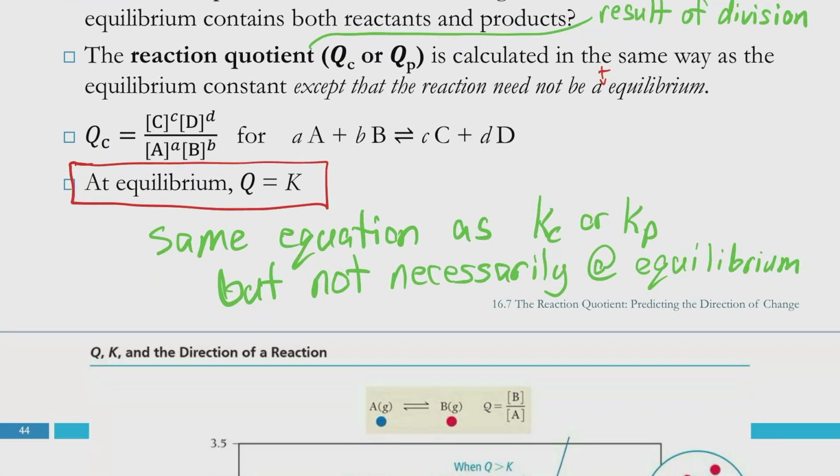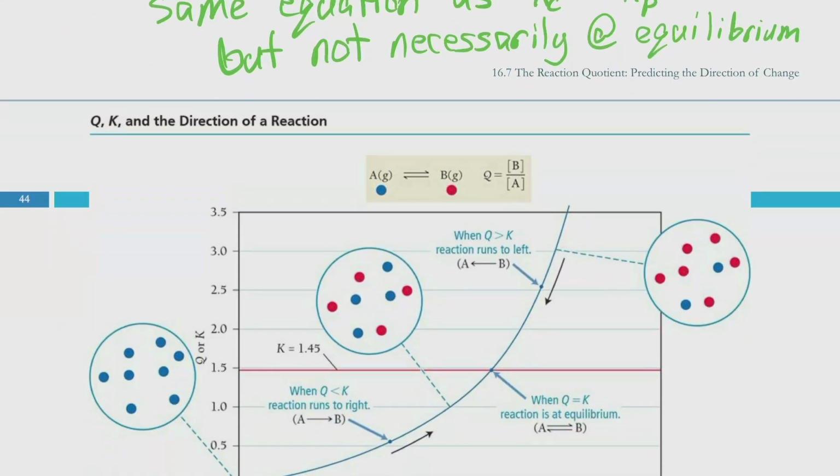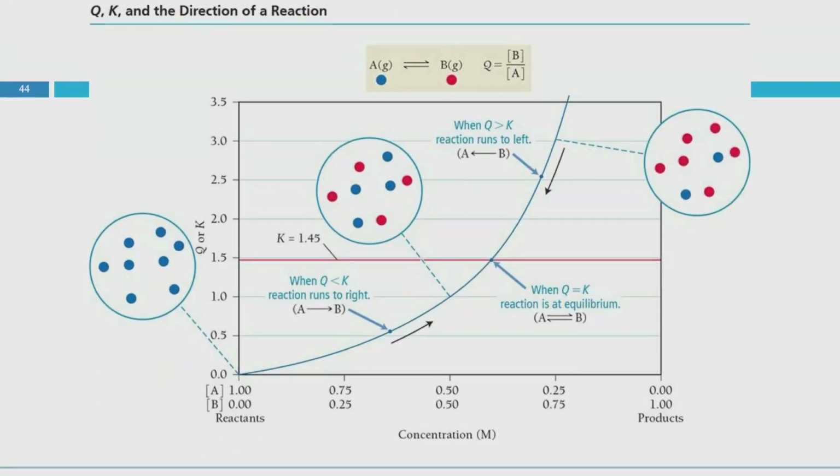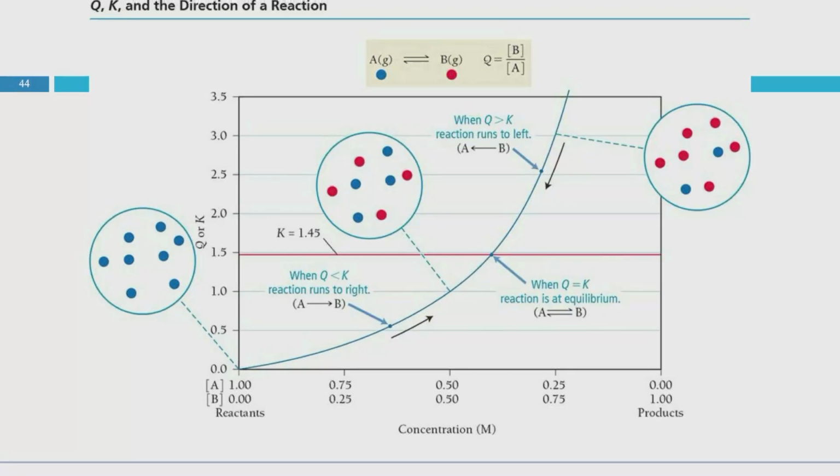And here is a graph. So in our graph, we have concentration in units of molarity on the x-axis. On the left, we're all reactants. On the right, we're all products. So this is relative amounts of things.